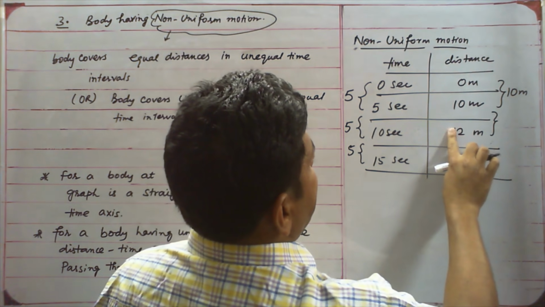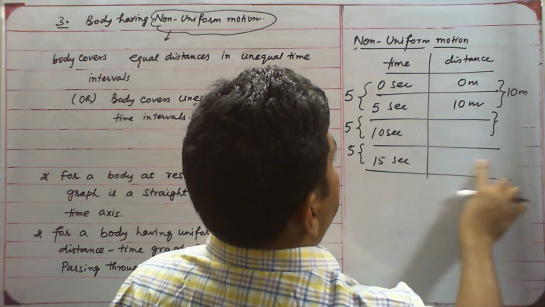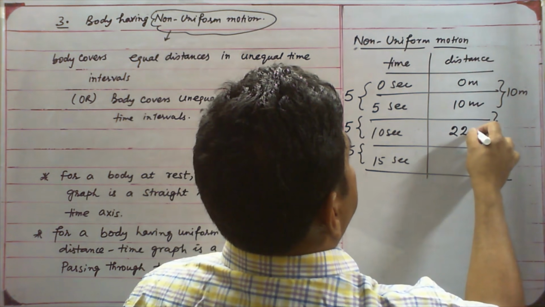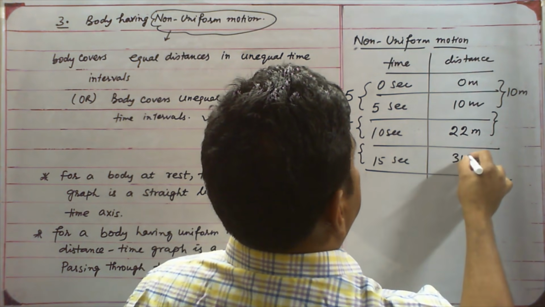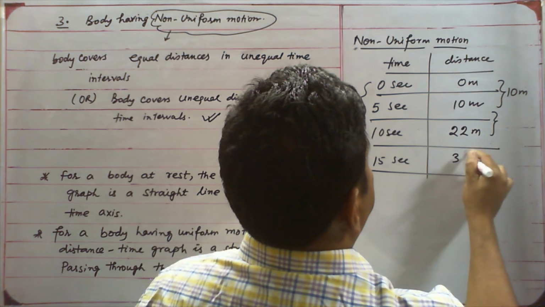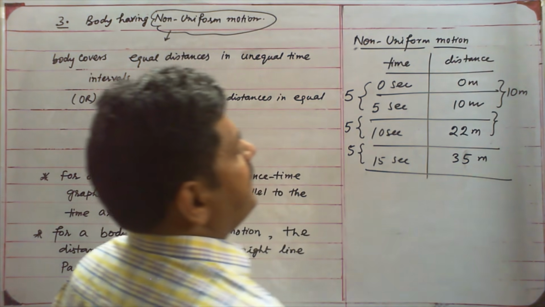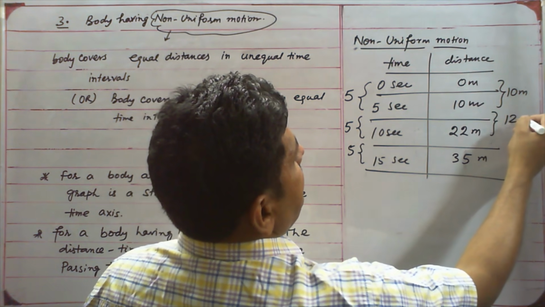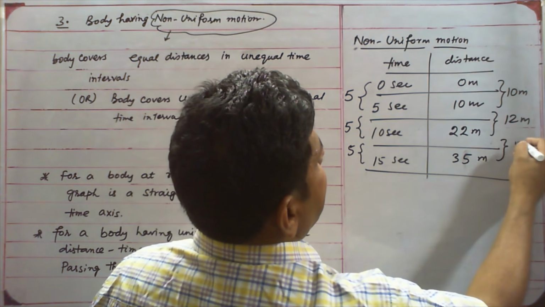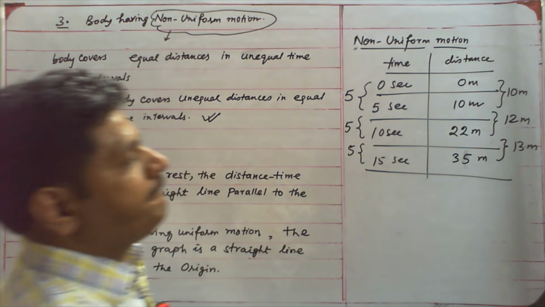Okay, so let us change this data. Let us say at 10 seconds this is 22 meters, and let us say this is 35 meters. Now if you look at this, it is 12 meters. Here let us say it is 13 meters.